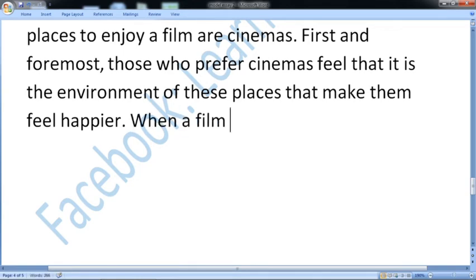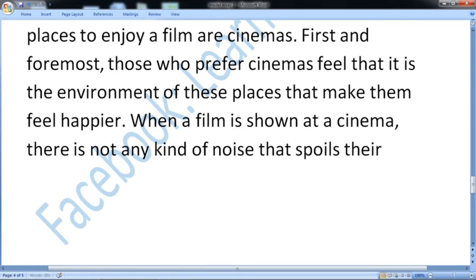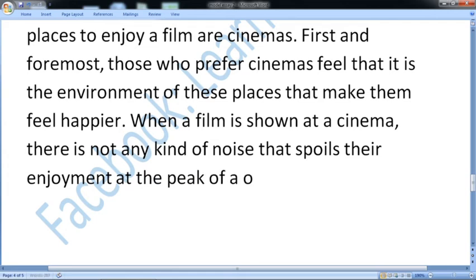When a film is shown or is being shown at a cinema, there is not any kind of noise that spoils their enjoyment at the peak of a movie.